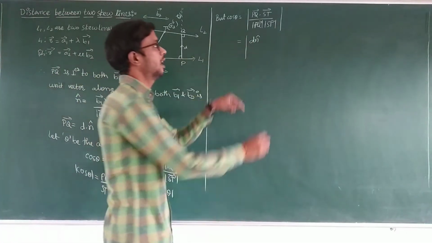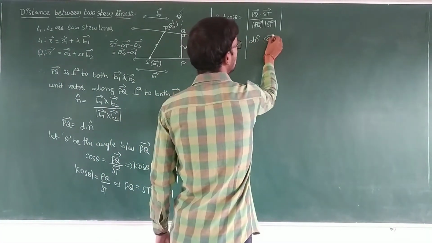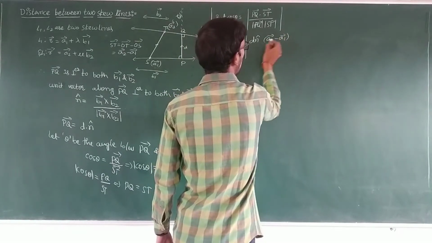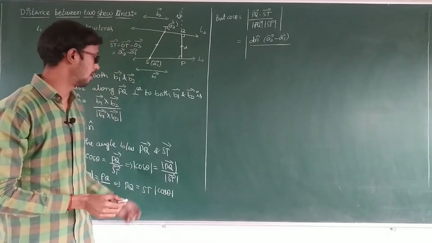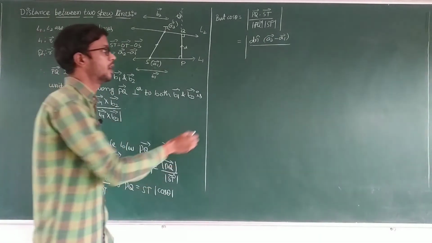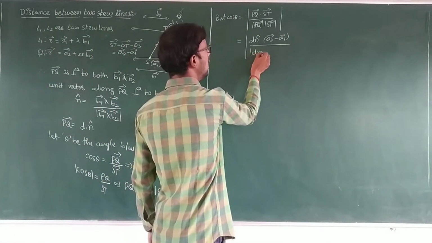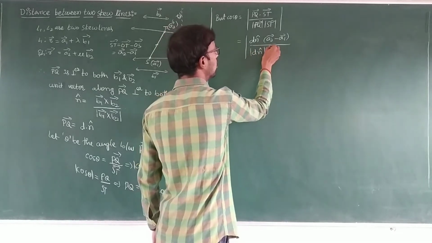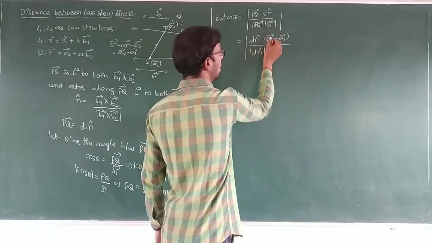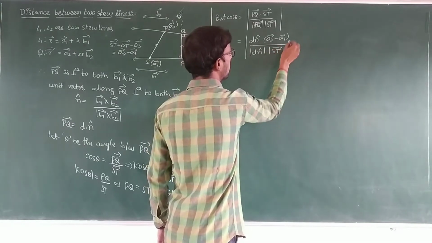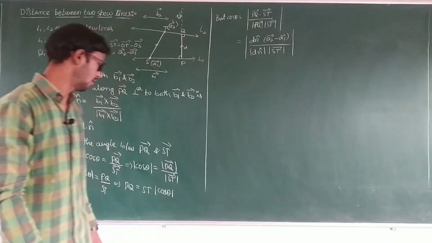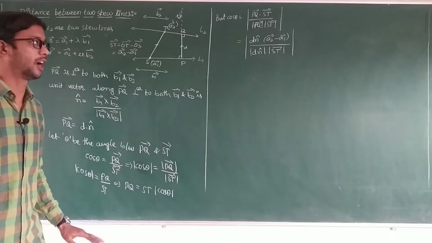So we can write here a2 bar minus a1 bar divided by magnitude of PQ bar. What is the magnitude of PQ bar? Magnitude of d n cap into magnitude of SP bar.